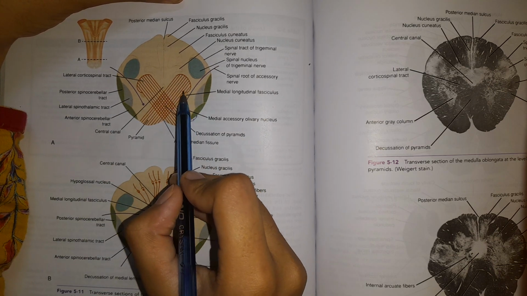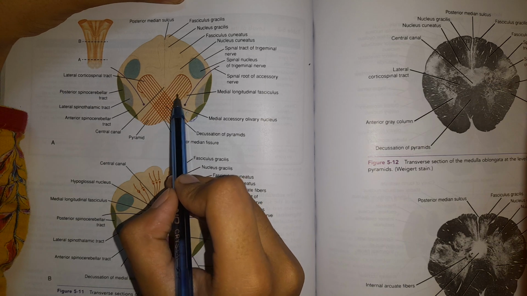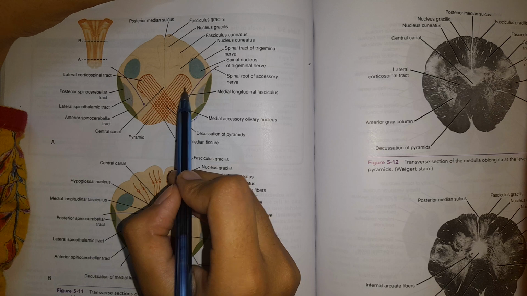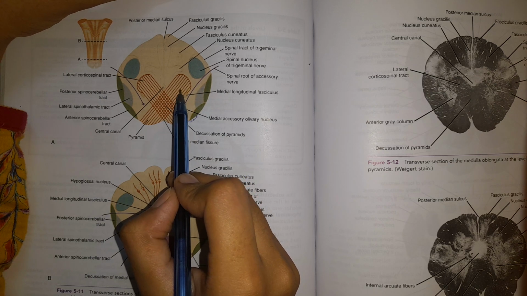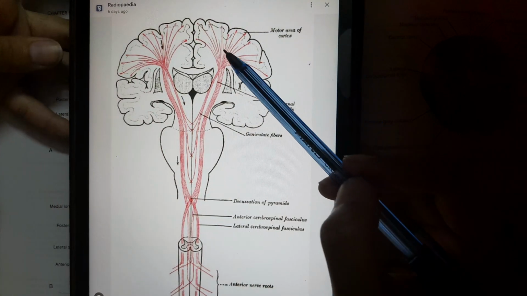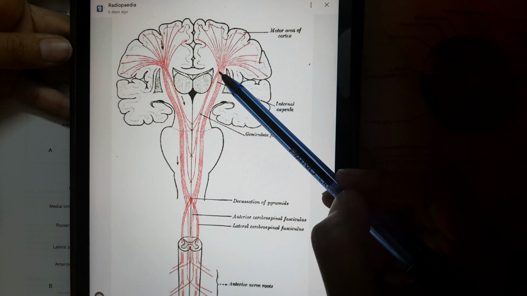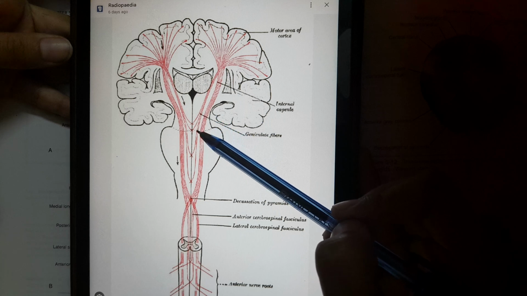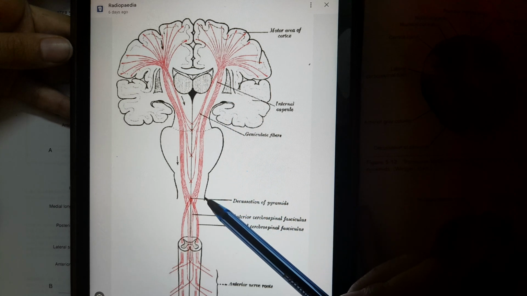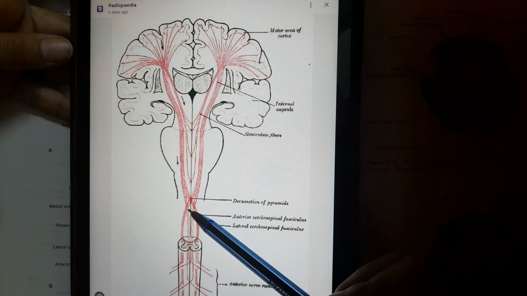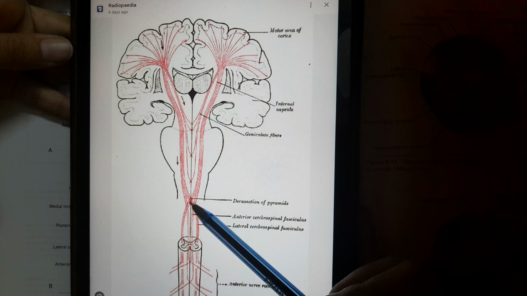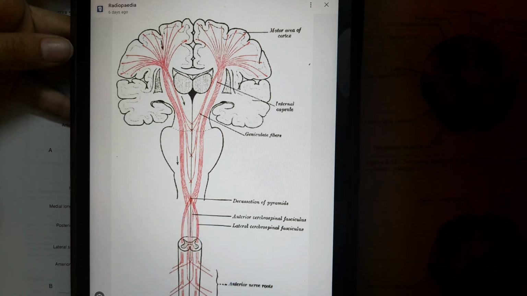Now what we see over here, because it is at the level of pyramidal decussation, and what is pyramidal decussation? When we were studying the descending tracts or the corticospinal tracts, we saw that this was the cortex. The fibers were coming and they came downward, they passed the midbrain, then the pons, then medulla, and then when they reached the lower portion of the medulla, the fibers crossed and there was decussation, and this decussation is the decussation we are discussing now.